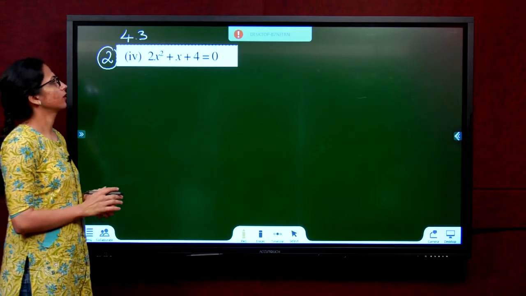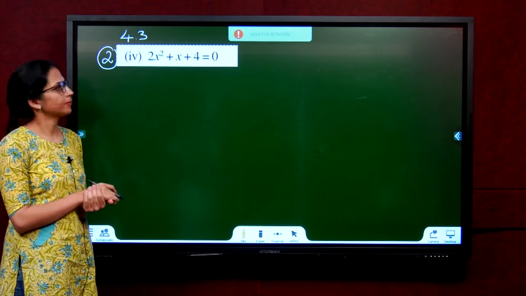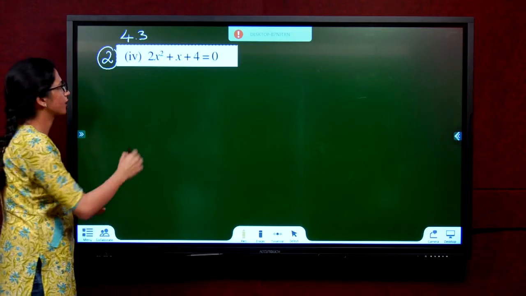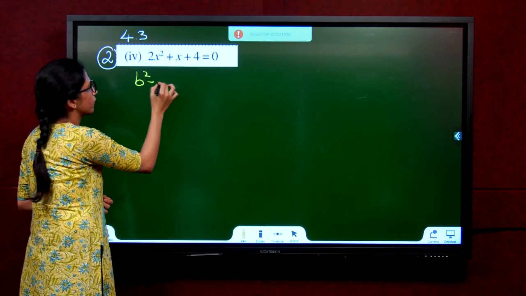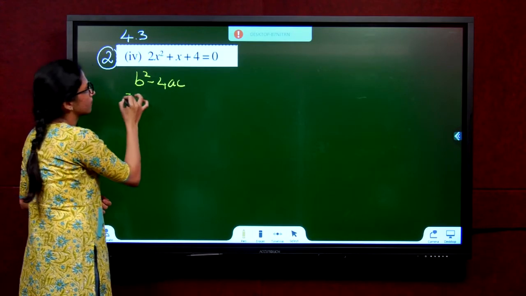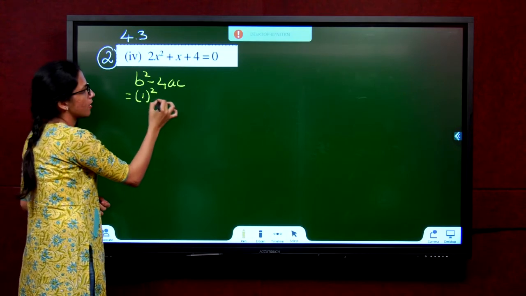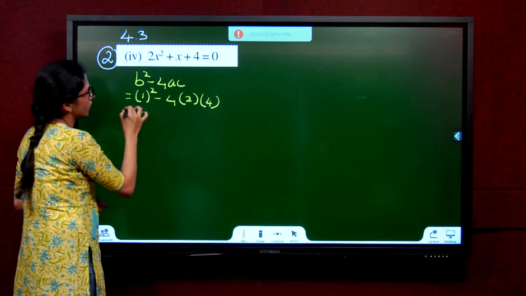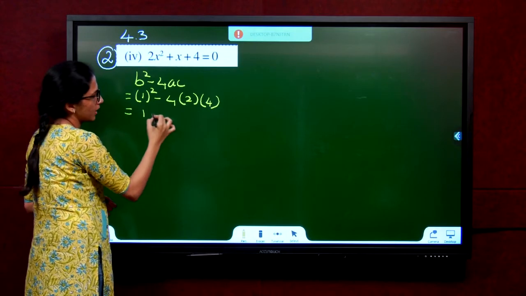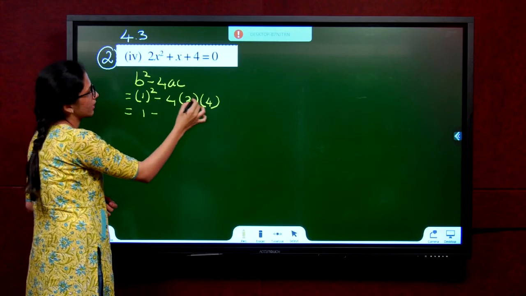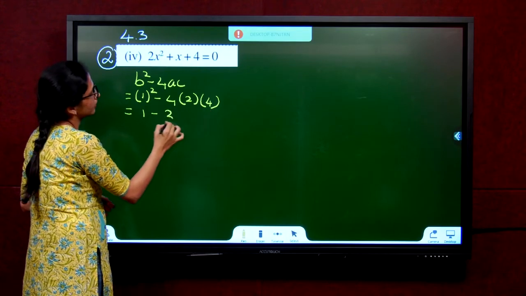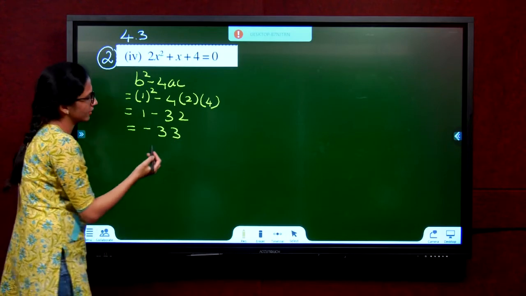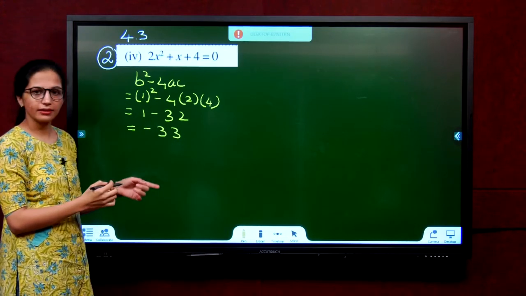Next question. 2x square plus x plus 4 is equal to 0. You have to find the roots using quadratic formula. First b square minus 4ac. b square, so 1 square minus 4, a is 2, c is 4. 1 minus 4 2s are 8, 8 4s are 32, is equal to minus 31.